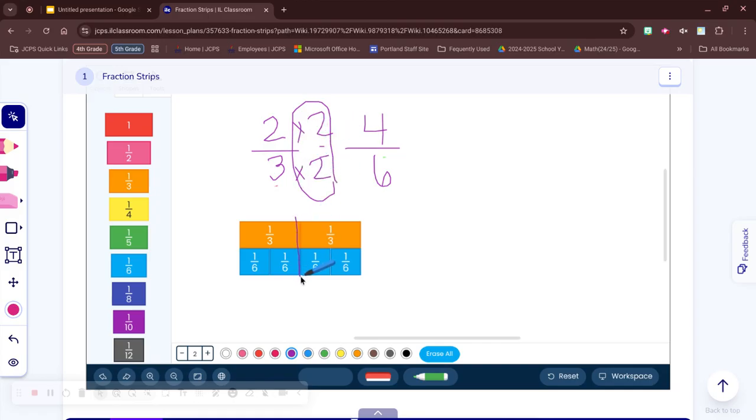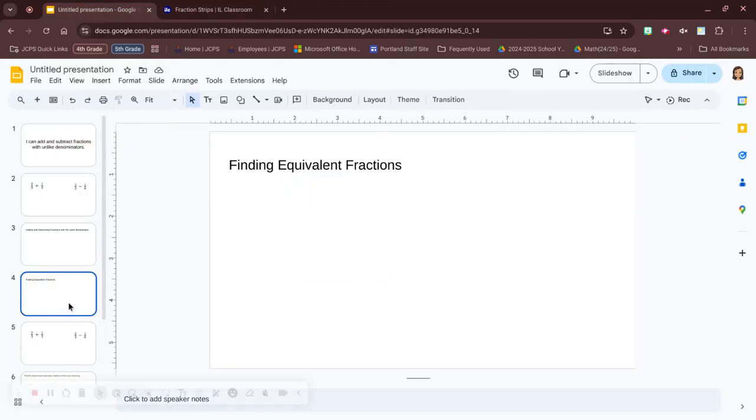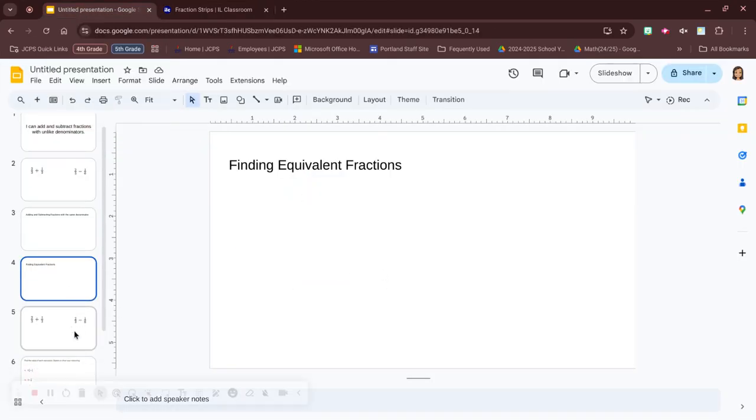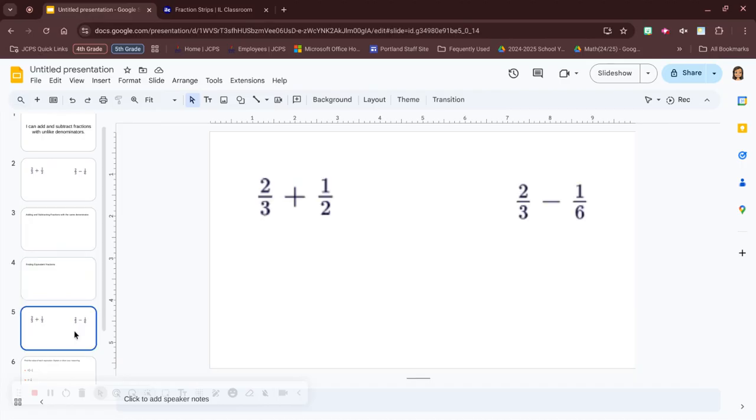That's because we are creating these equal groups. 1/3 is made up of 2 pieces. So since we have 2/3, this would be 2 pieces and this would be 2 pieces. So we are creating those equivalent fractions. Now, this is a lot for us to review online, but let's take it back to where we're going to go.